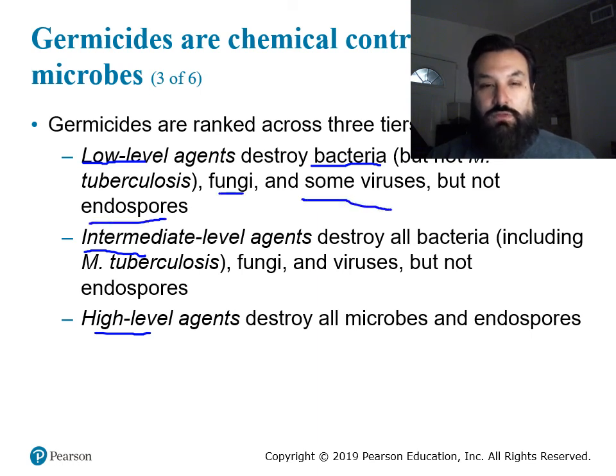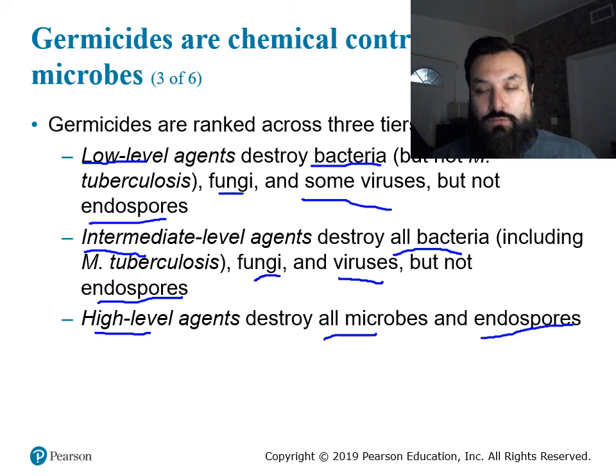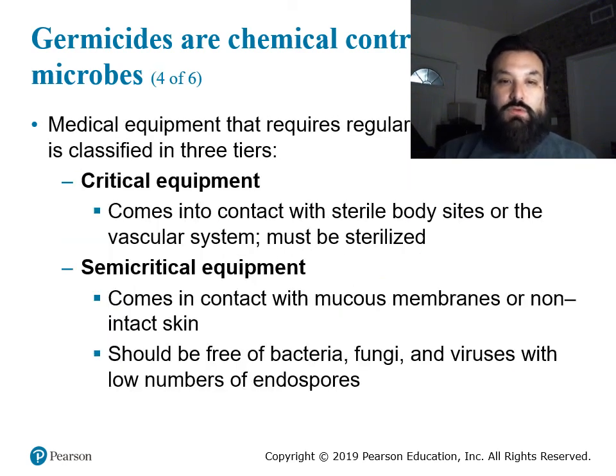So that's the low level. Intermediate level destroys all bacteria, all fungi, all viruses, but not endospores. And high level destroys all microbes and endospores. So it depends on the level you're discussing here.